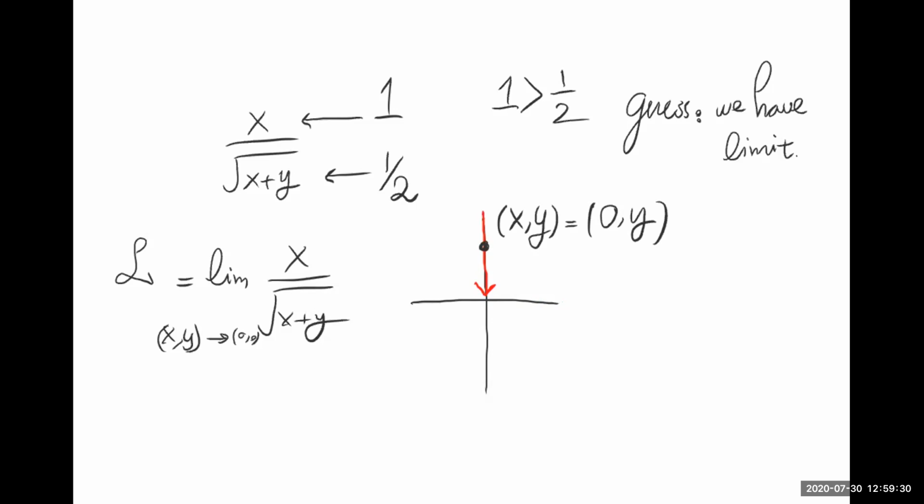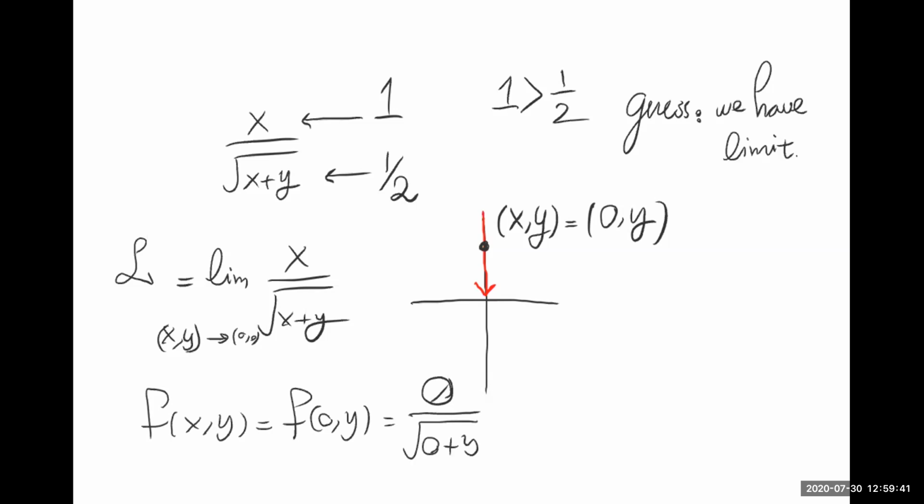So for these points, f of x and y, which is f of 0 and y, is equal to 0 over square root of 0 plus y, which is 0 over square root of y, which is 0. So in this specific direction, if I go to the origin, the value I would get is 0. So if I want to guess there is a limit, it makes sense to guess the limit should be 0 because in one direction it is 0.